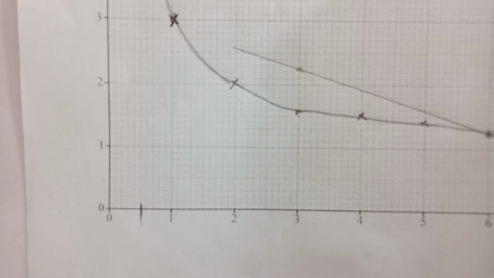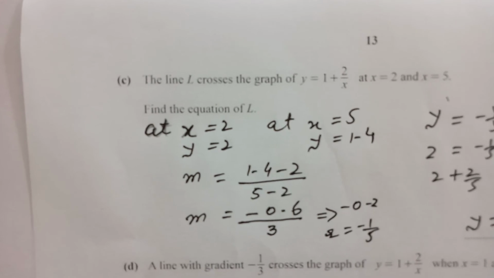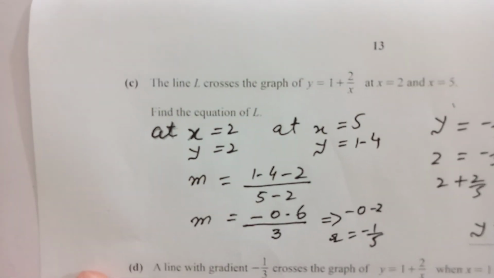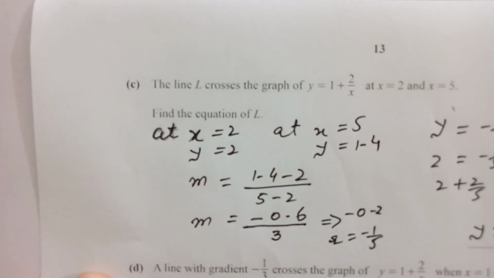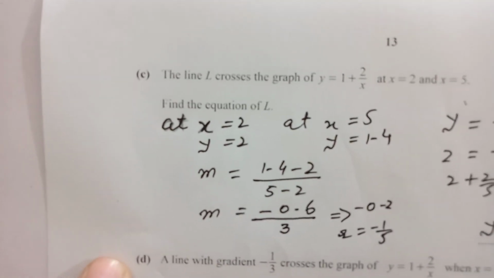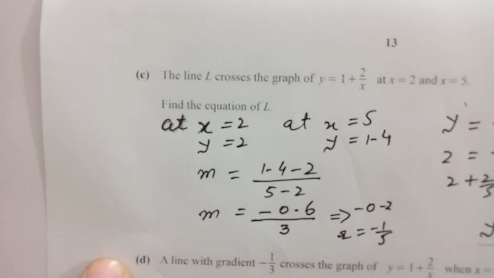Now the C part of this is the line L crosses the graph at x equals 2. If you see the value x equals 2, the value of y will be 2. Again at x equals 5, y is equal to 1.4.